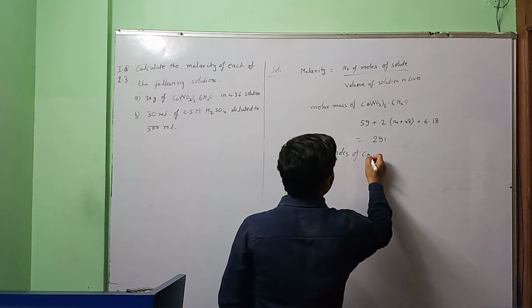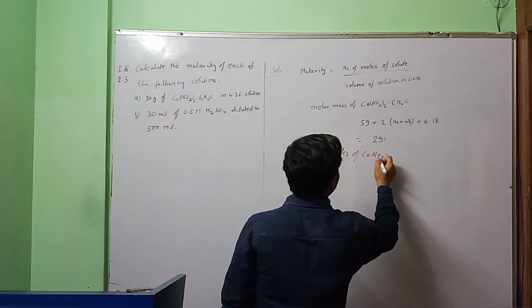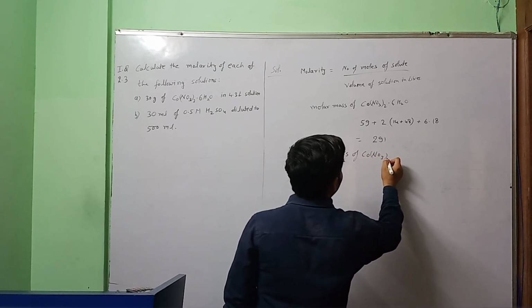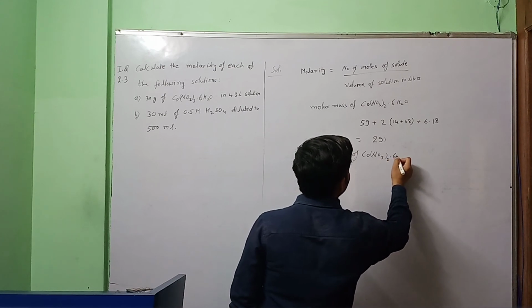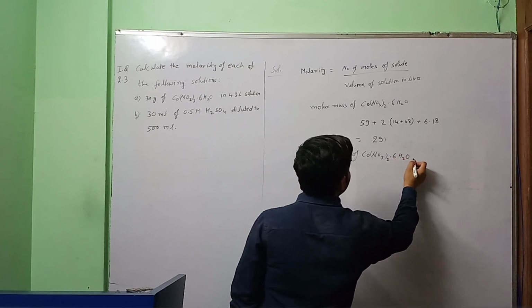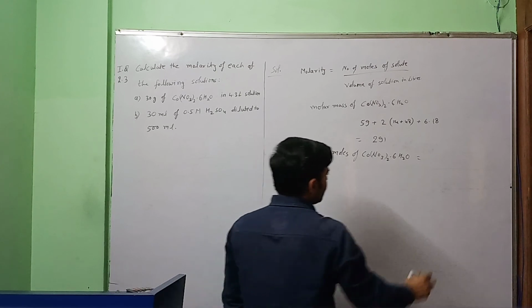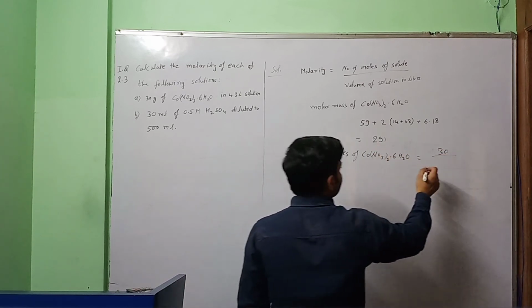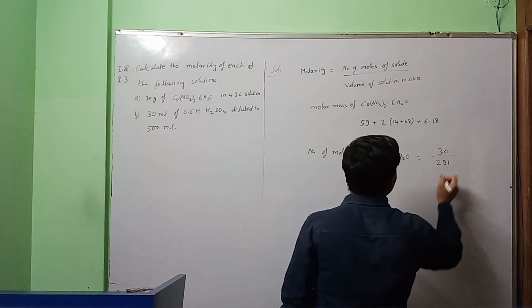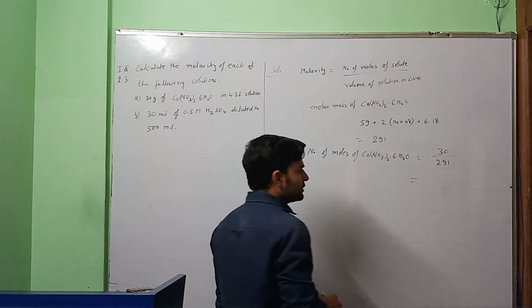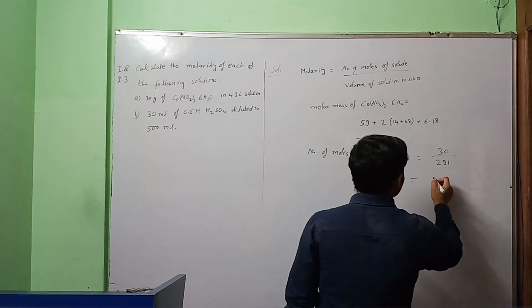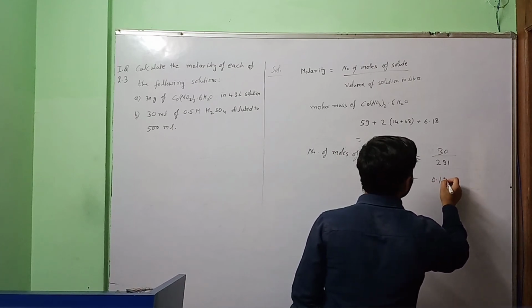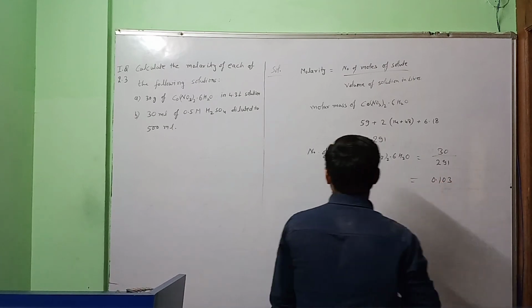Now the number of moles of Co(NO3)2·6H2O is the given mass, that is 30 gram, upon the molar mass, which is 291. On solving this, it will come as 0.103.